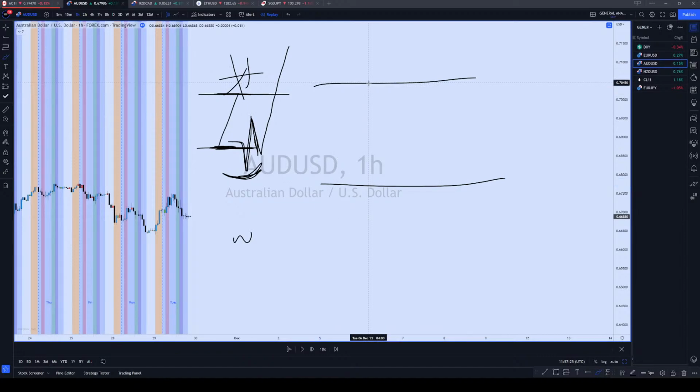Sometimes the high or low will form on Monday, right? But we are bullish and this low will not be taken. This low here will not be taken. Hint, Tuesday goes up.